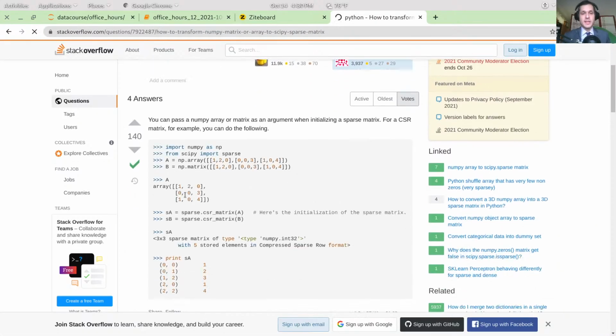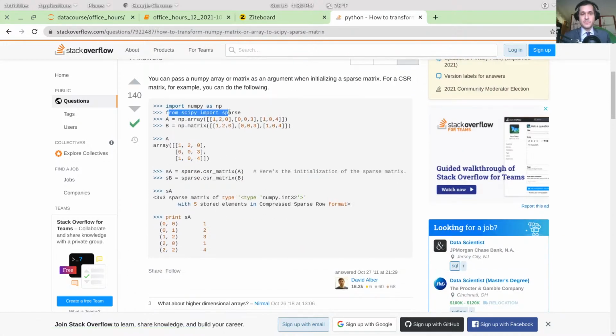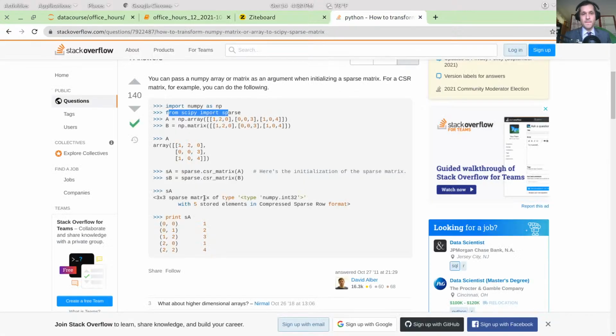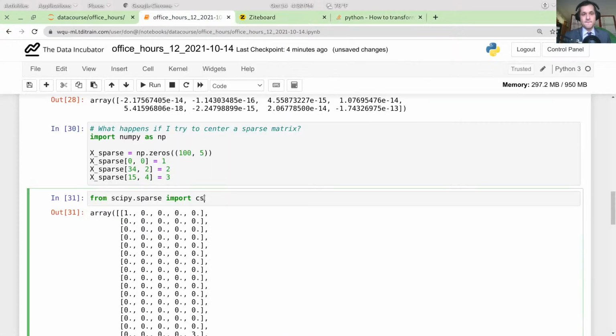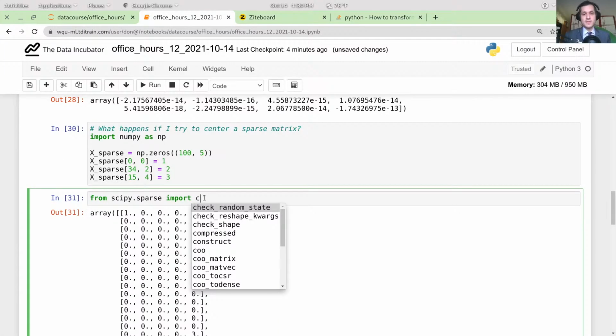See this question, this answer from literally 10 years ago. All right, I guess the module is called sparse. Import sparse. I can say from SciPy sparse, import, let's see, CSR matrix. Oh, there it goes.